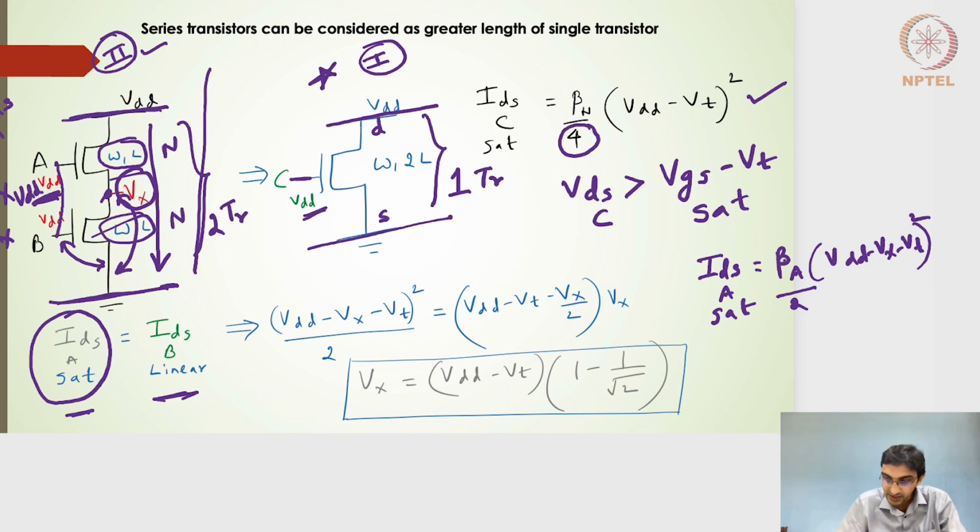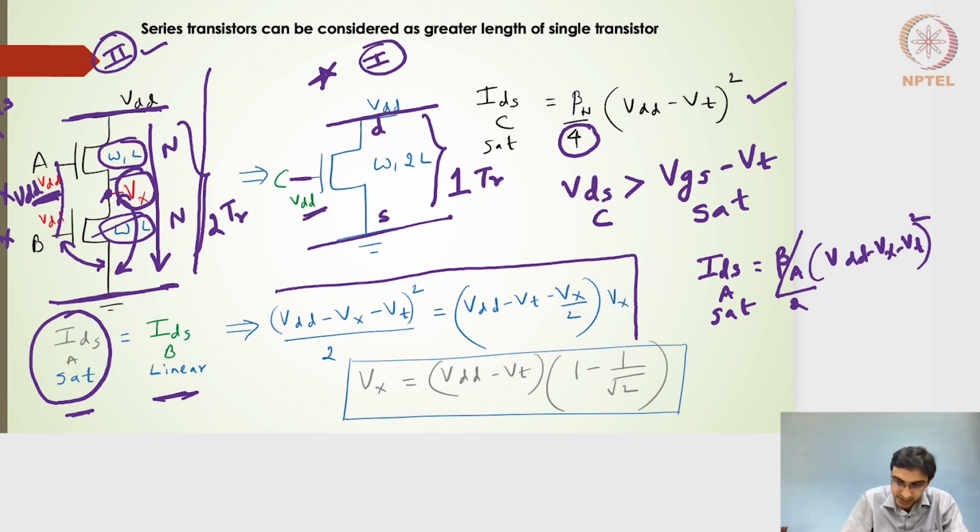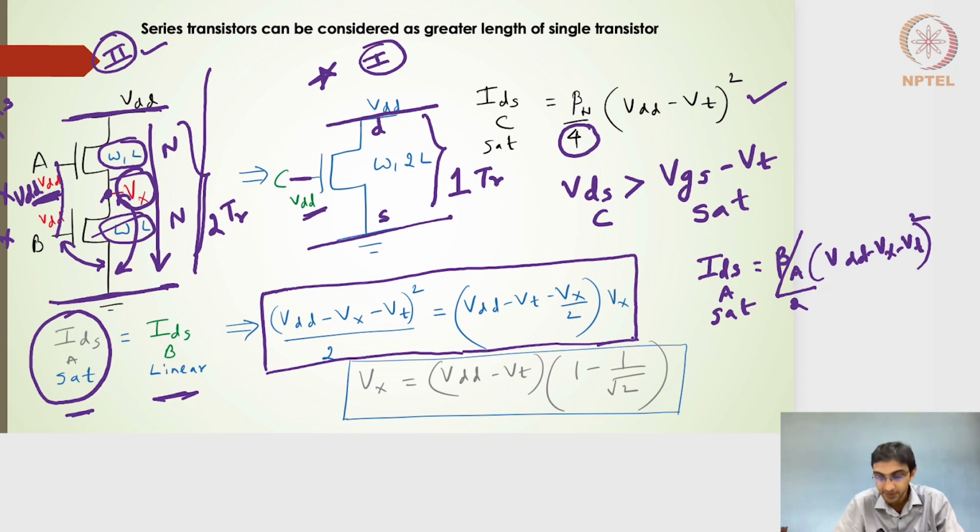So while equating the currents for the A and B transistors, I can neglect the betas, and what we have is this particular expression, for transistors with the same W and the same channel length. So from this, I should be able to find out what the Vx node voltage is.